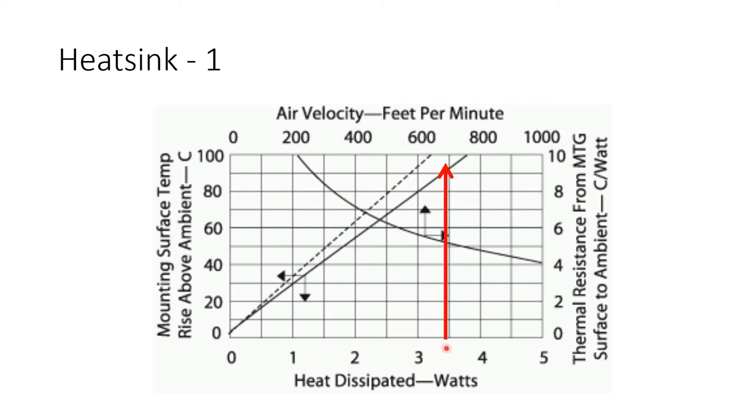So we are going to be dissipating 3.4 watts of power using this heatsink. We go up the y-axis and reach this point, and using this point we can go to the temperature rise, and we can see that it's around 95 Celsius of temperature rise if we use this heatsink.